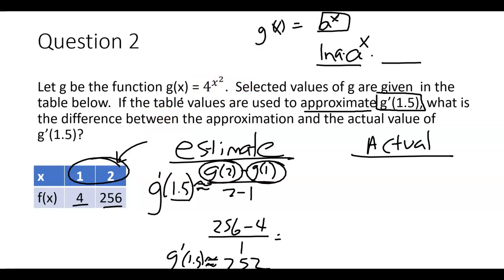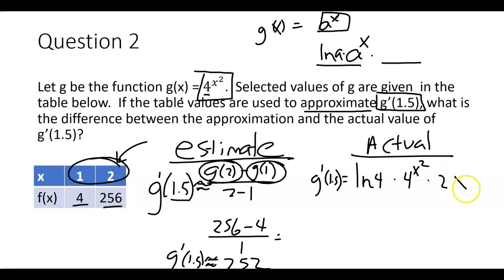So the outside function is this exponential function, and the a in this case is 4. So the actual value of the derivative, let me write that out. The actual value of the derivative is ln of 4 times 4 to the x squared power. But since we have this inside function here, we do need to multiply by the derivative of the inside.